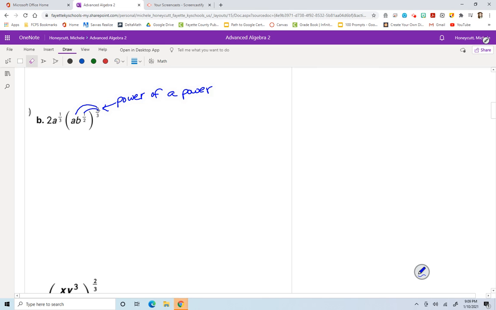So I'm going to bring down the 2a to the 1/3. And then that is multiplied by a to the 2/3, b to the 1/2 times 2/3. 1 times 2 would be 2, 2 times 3 is 6, and 2 over 6 is the same as 1/3.